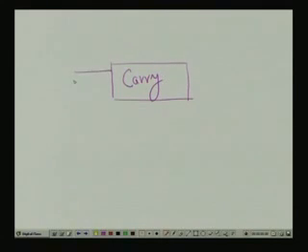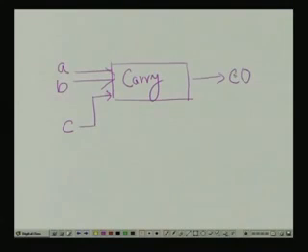It has 3 inputs: A and B, which I want to add, and from the previous stage another C is coming, that is my carry in. There is only one output, the carry out. So, these are inputs, outputs, behavior; this is a system.